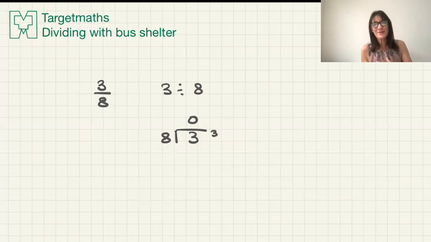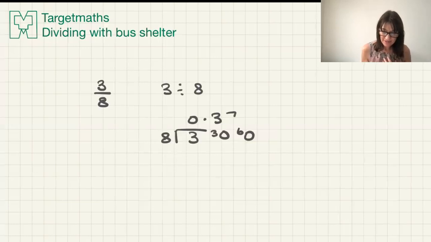And it's floating around, nothing to hold on to it. So this is where I put down the 0, put down the point. Then I can say, right, how many 8s can I get into 30? That is 3. 3 8s are 24, so I've got 6 left over, add the 0. How many 8s can I get into 60?